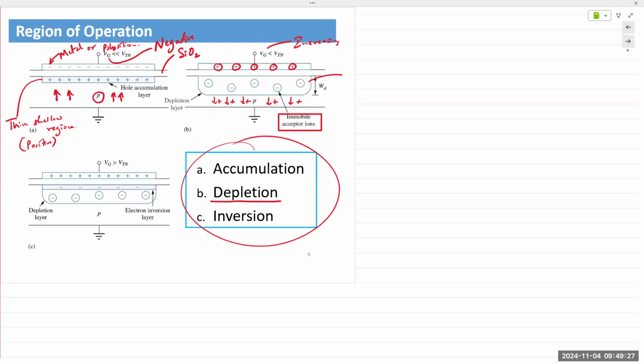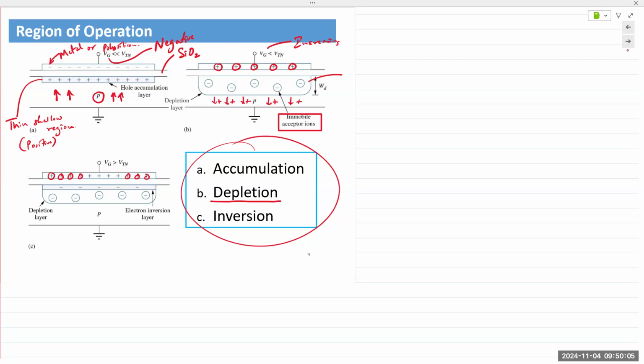But now if we increase the voltage to a positive level, after a certain point, depending of course on the manufacturing of the transistor, after a certain voltage is applied where it crosses over a certain threshold, the positively charged region inverts and creates a negatively charged region. And the reason that happens is because you have positive charges here at the gate, which attracts free electrons to come up from the structure and sit right under the surface of the oxide.